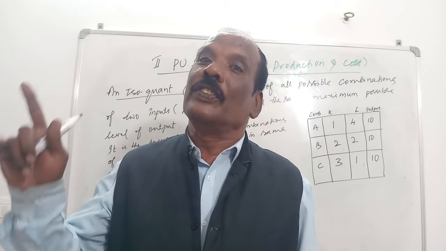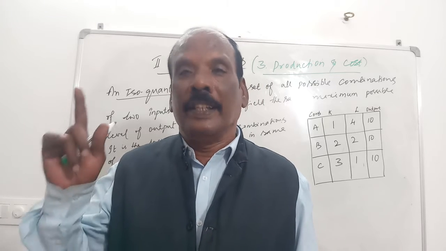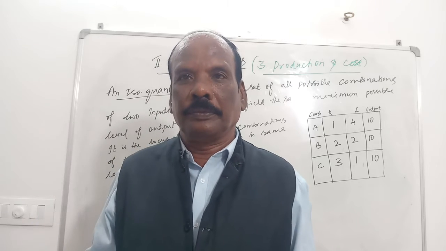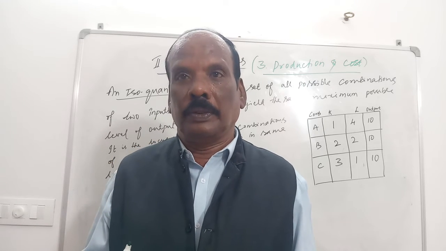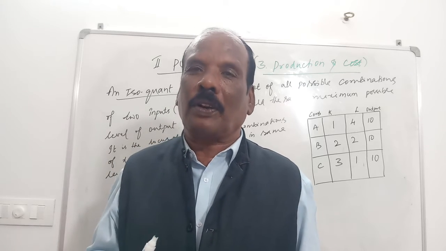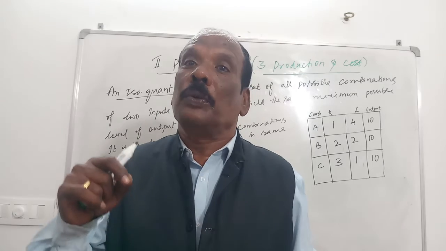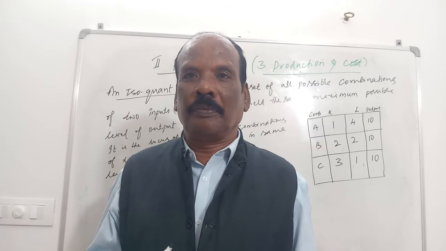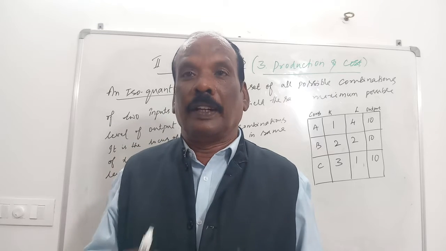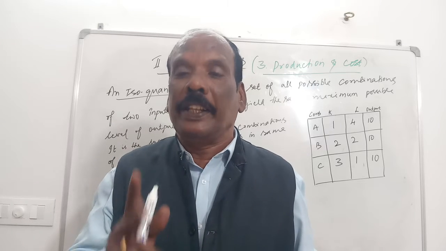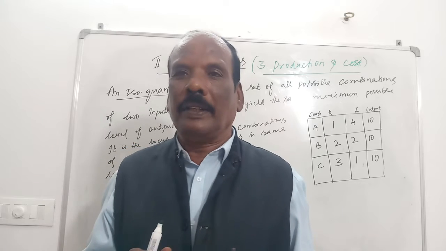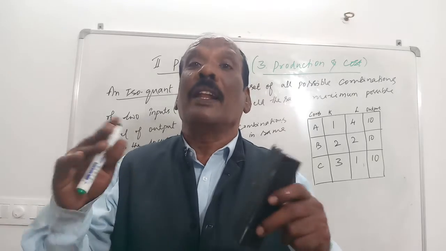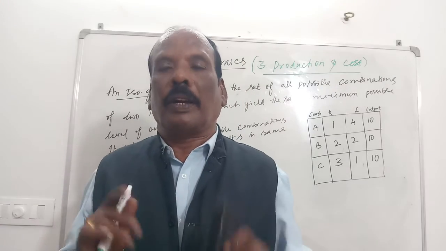Satisfaction is used in theory of consumer's behavior while defining the indifference curve. Isoquant curve, equal product curve. Isoproduct curve is also called isoquant curve. So it is a set of different combinations of 2 variables, labor and capital, which yield the same level of maximum product.